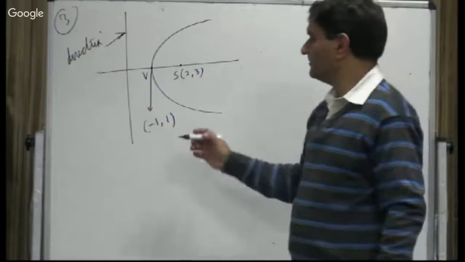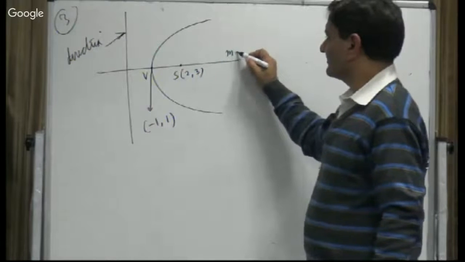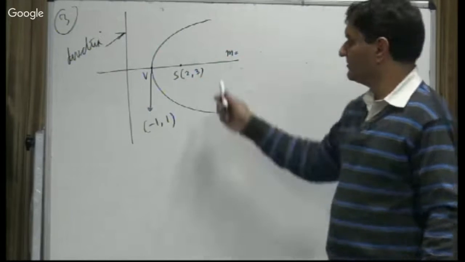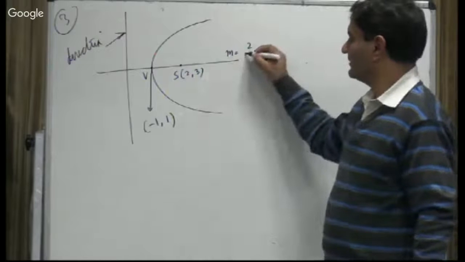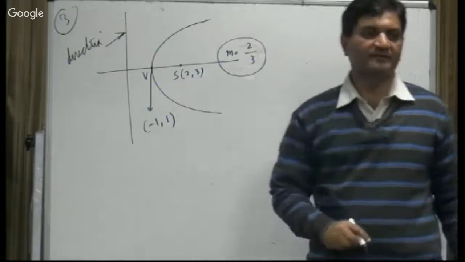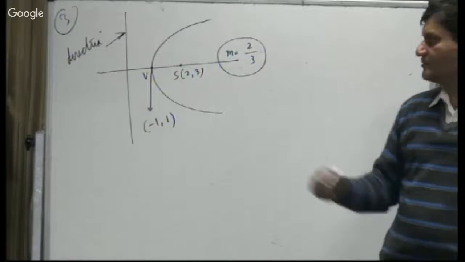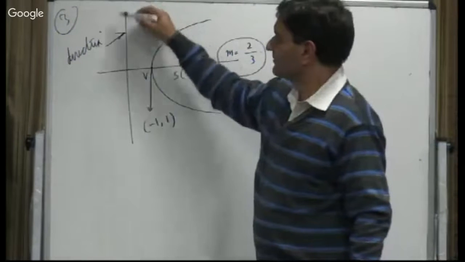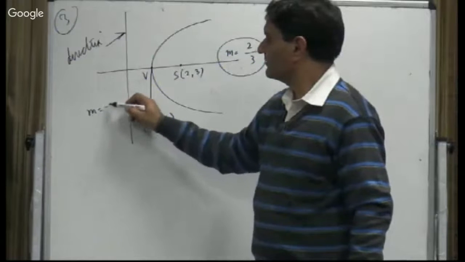It's very simple. What is the slope of this axis? The slope of the axis will be 3 minus 1 upon 3 minus (-1)... the slope is 2 by 3. Now what will be the slope of the directrix? Minus 3 by 2.